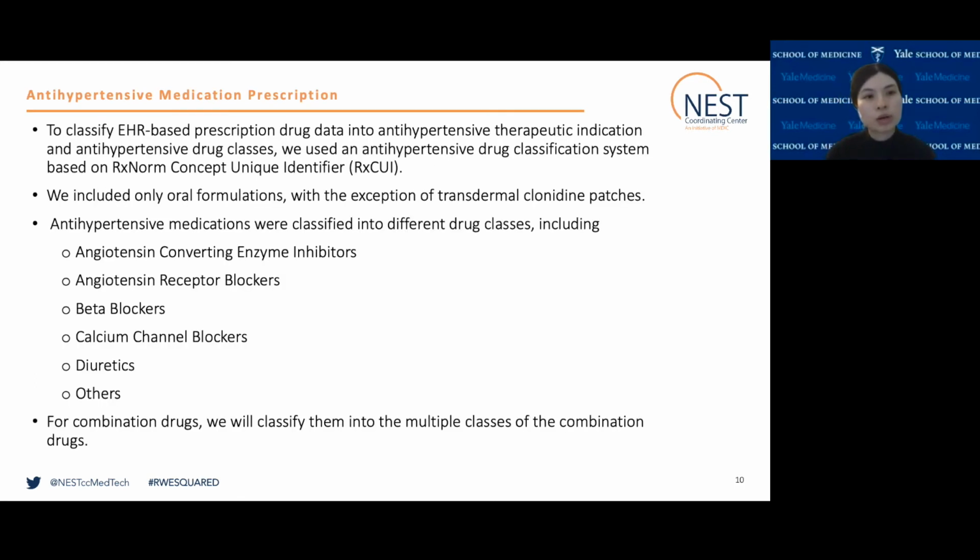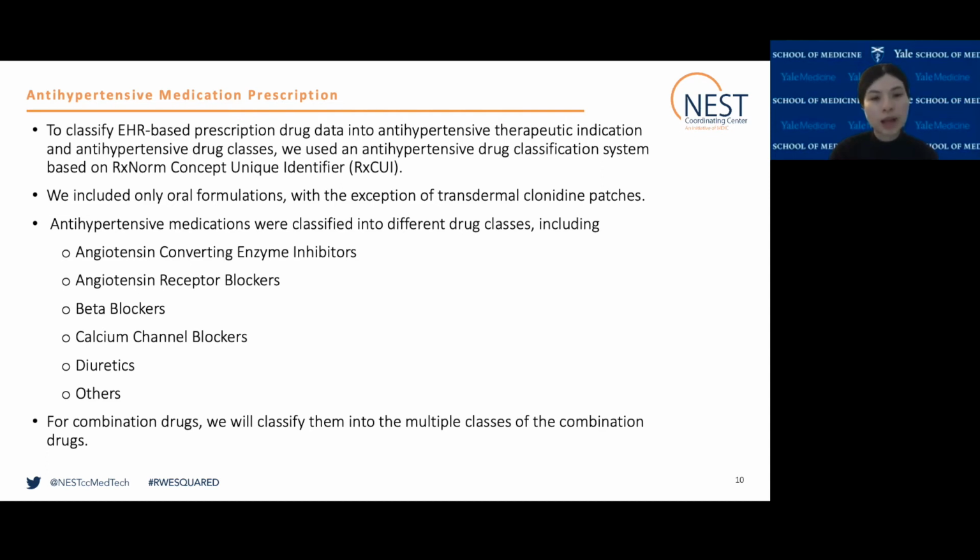In Aim 2, when we look at medication prescription patterns, we need to classify a prescription order into hypertensive indication and also into different antihypertensive drug classes. We use a previously developed classification system based on RxNorm query, and we include only oral formulations for hypertensive indication.